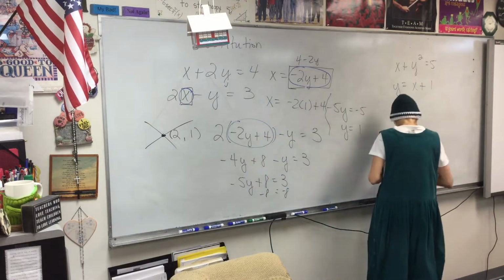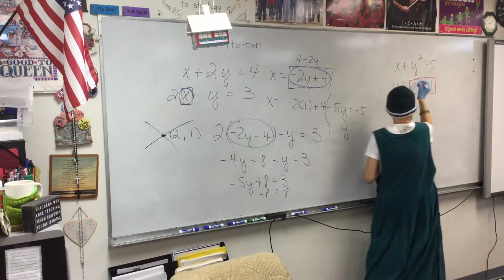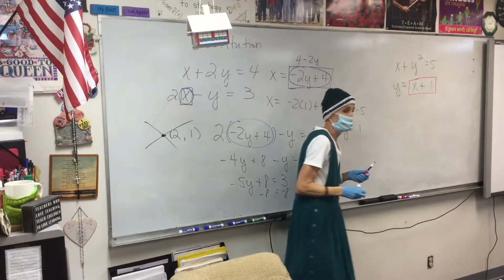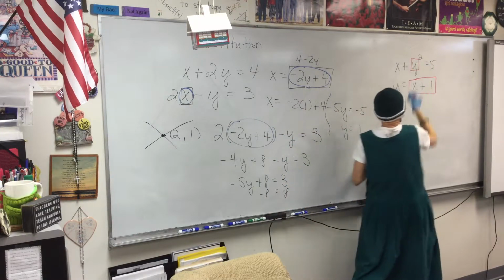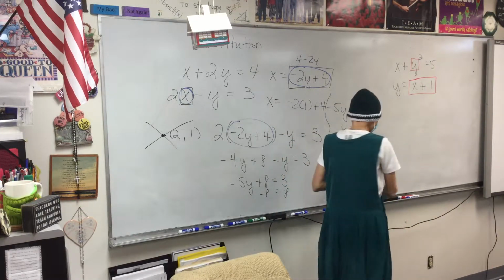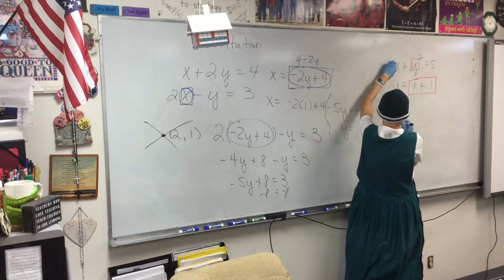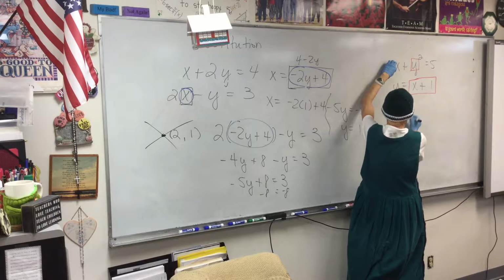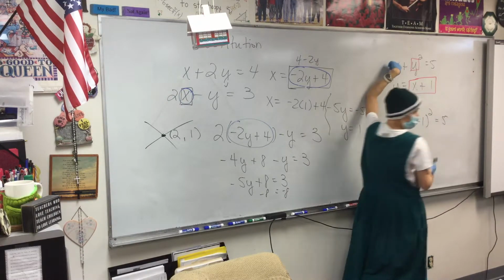So what are we going to do with this x plus 1 right here? Plug it in for y. That is exactly right. So what will that top equation look like now? Isn't it x plus 1 in parentheses, x plus 1 squared equals 5?